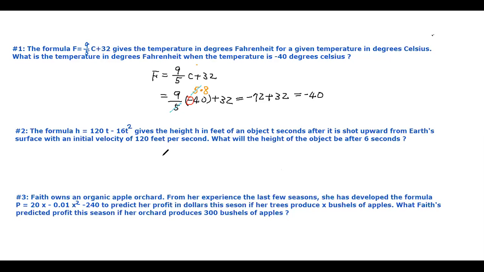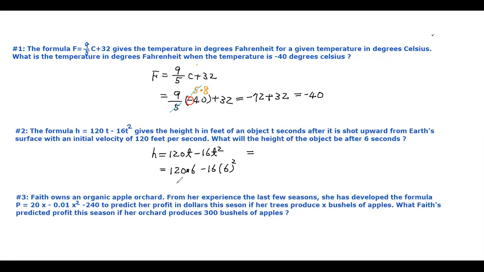So let's make this h equals 120t minus 16t squared. After 6 seconds, t is 6. So it's 120 times t minus 16 times 6 squared.